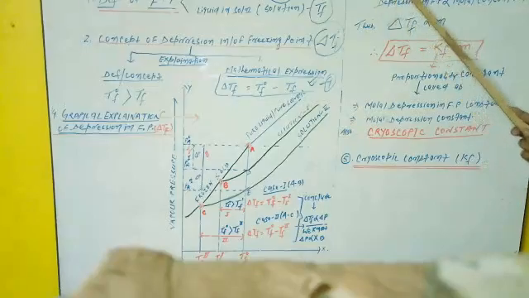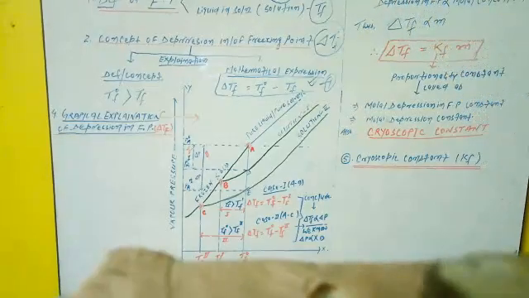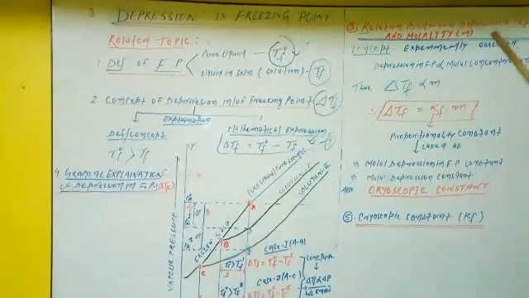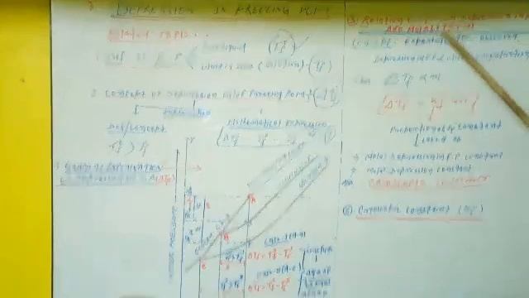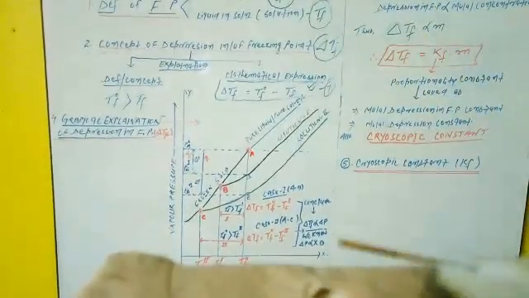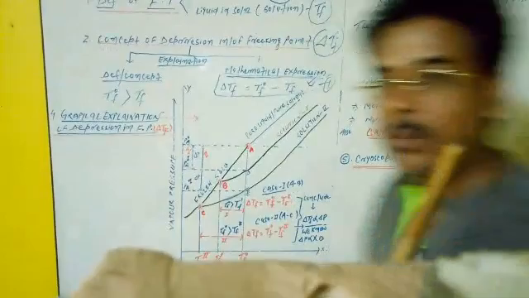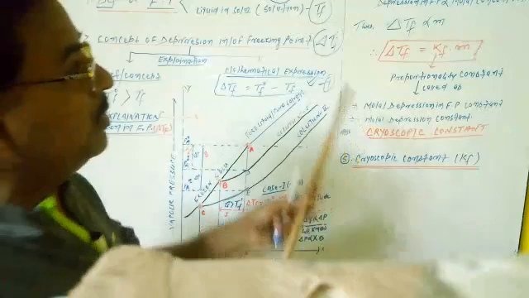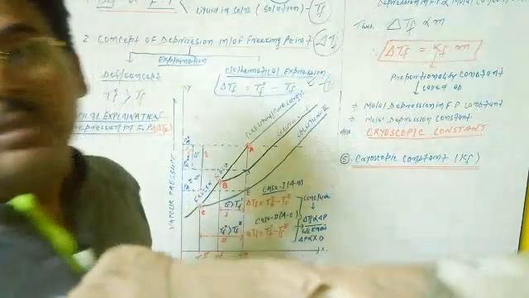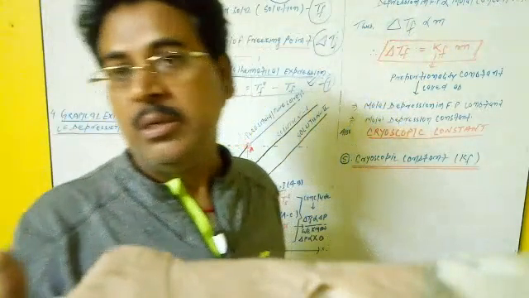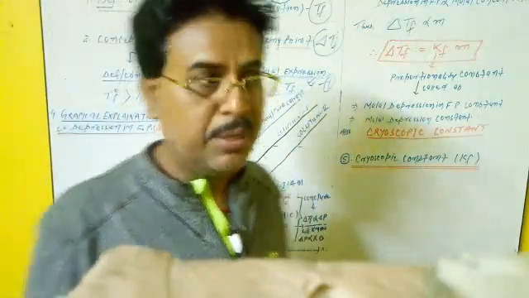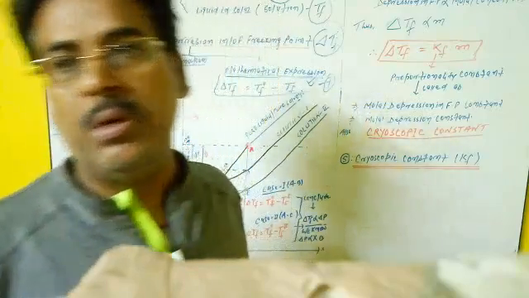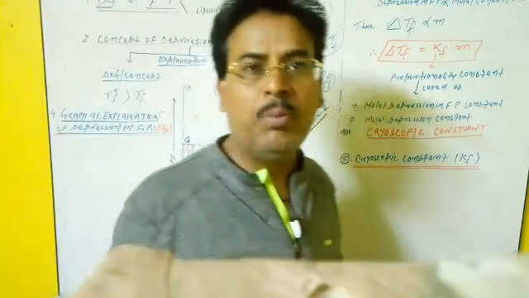Now third is the relation between depression in freezing point and molality, that means the relation between delta Tf and m. In this concept, like the elevation in boiling point, it is experimentally observed that the depression in freezing point of any liquid is directly proportional to the molar concentration of the solute in solution.